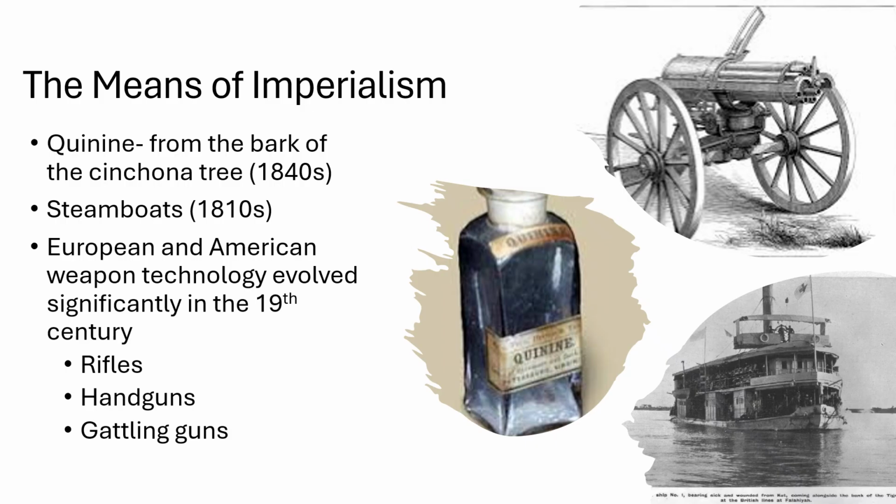But this is obviously changing the nature of relationships between countries. It is changing the nature of how industrialization is going to play out. And it definitely is building up these capitalist economies of these Western powers.